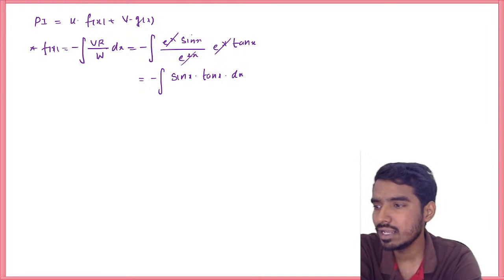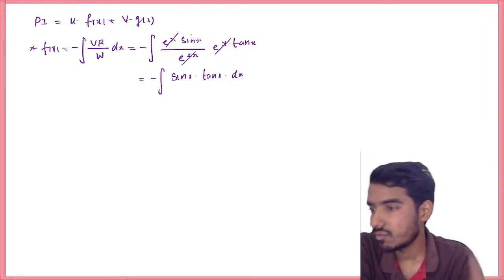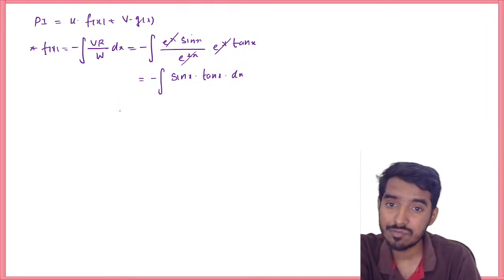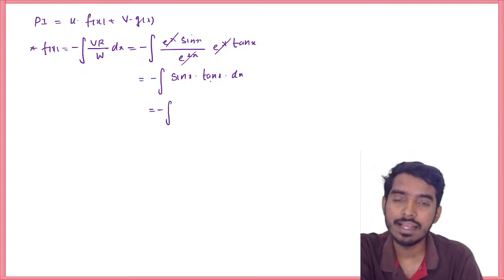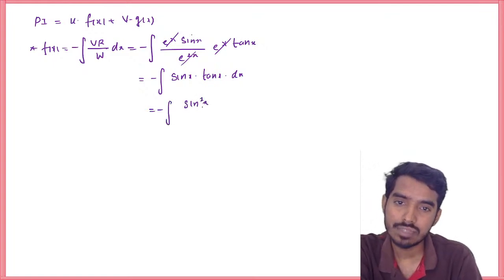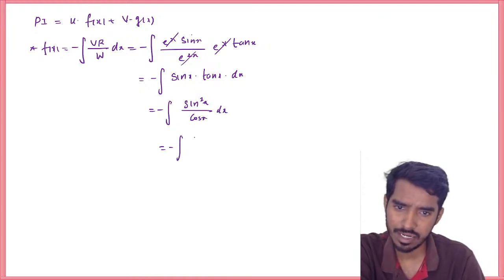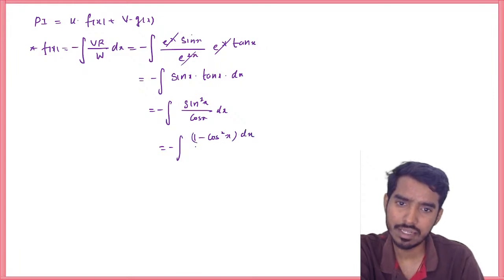This we already did earlier itself. We have tan x is sin x by cos x, so sin x by cos x times sin x, sin^2 x is 1 minus cos^2 x, over cos x dx, minus the integration of 1 by cos x dx and plus the integration of cos x.